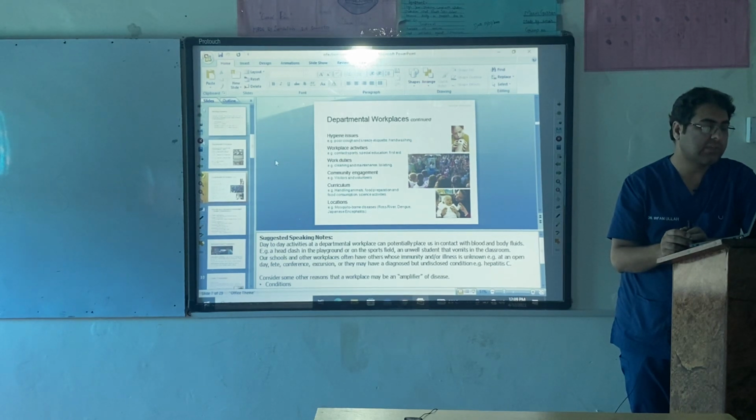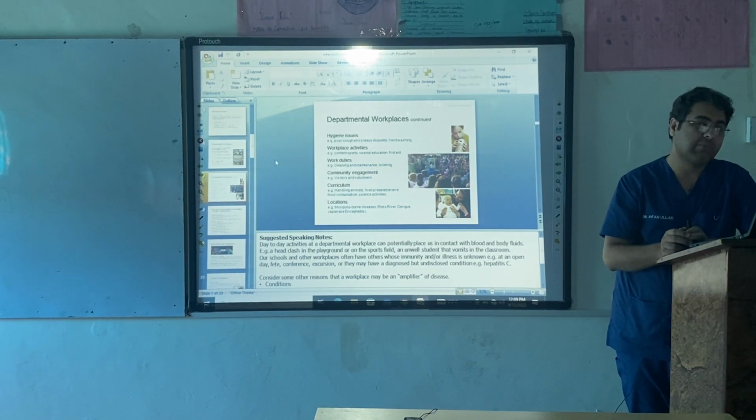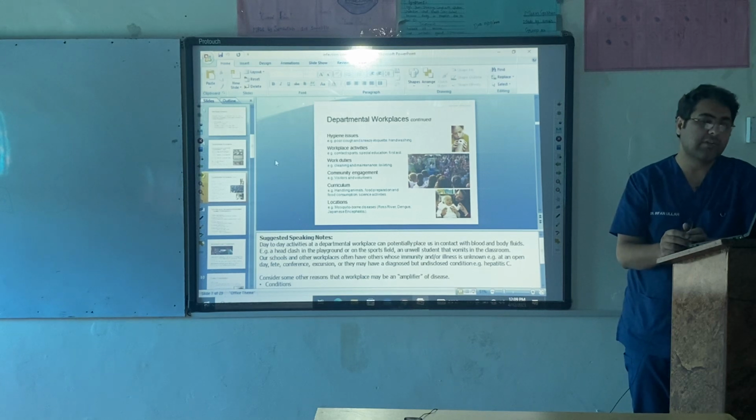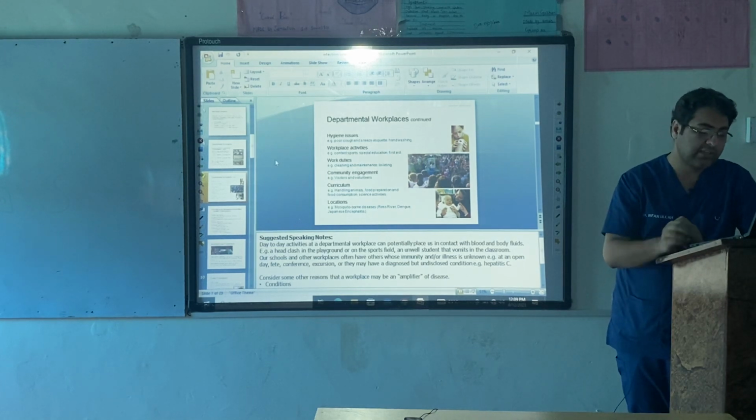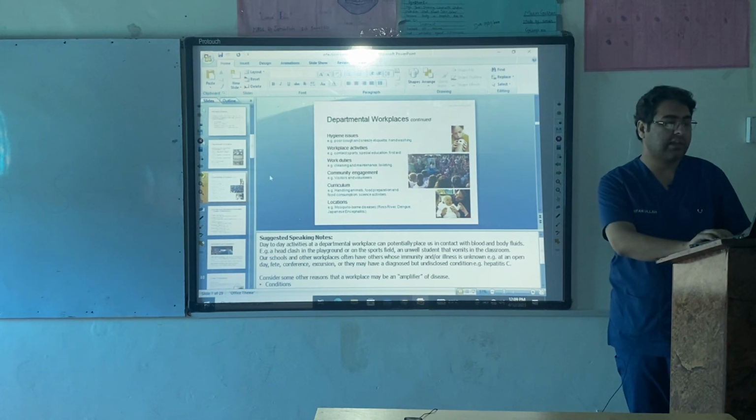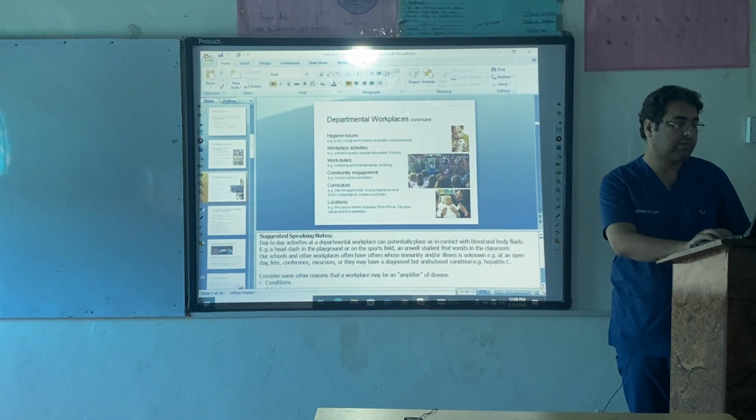Our schools and other workplaces often have others whose immunity or illness is unknown, for example at an open day or conference excursion, or they may have a diagnosed but undisclosed condition, for example hepatitis C. If you come across a person who is a carrier of or suffering from hepatitis C and you don't know, it can also help in the spread of the disease. So, you should be very careful of all this.